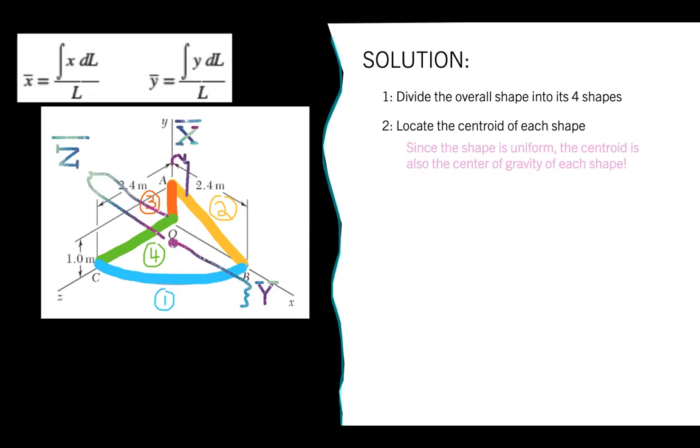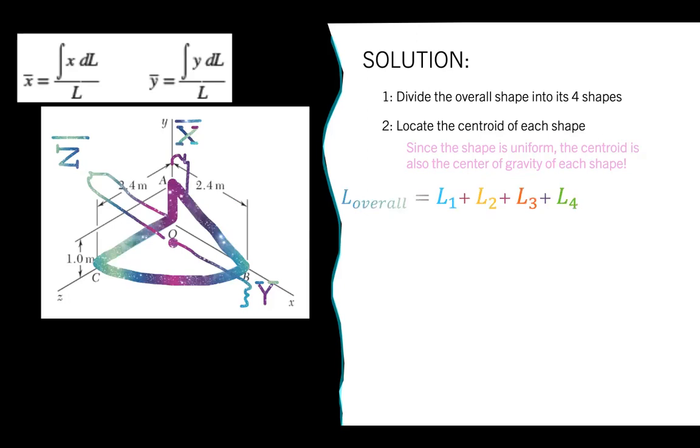We will combine all our given information now. Remember that the centroid of a shape of a line is equal to the integral of x times the differential element of the length over the total length, while the y bar is equal to the integral of y times the differential element dl over the total length, which is L. And keep in mind that the total length, or capital L, is referring to the length of this whole wire segment.